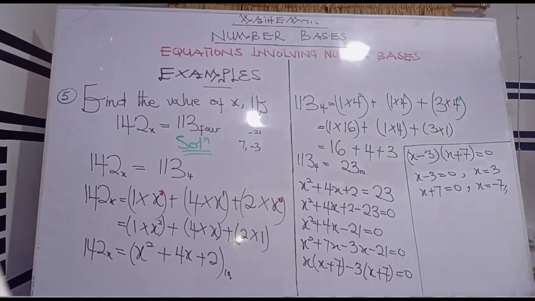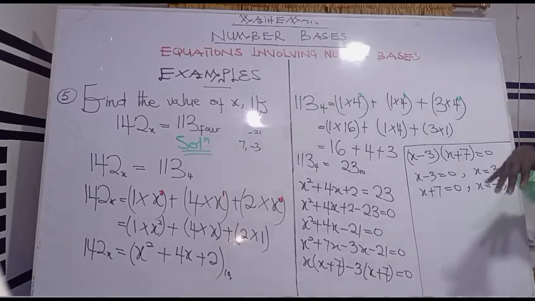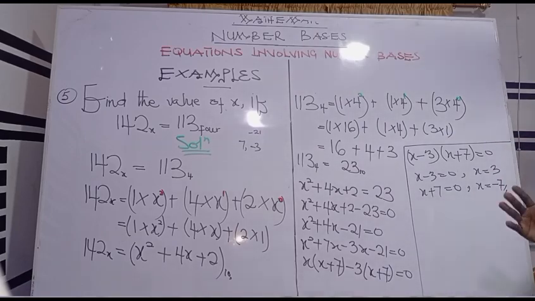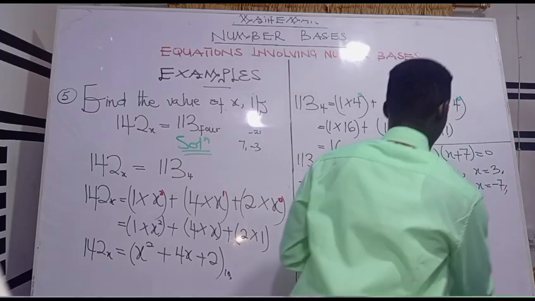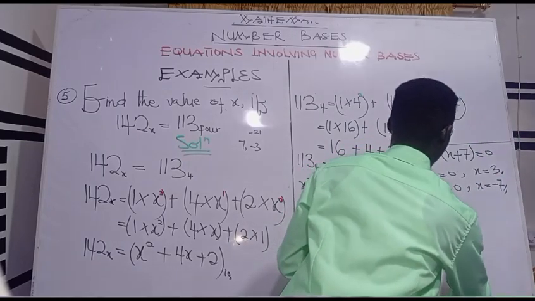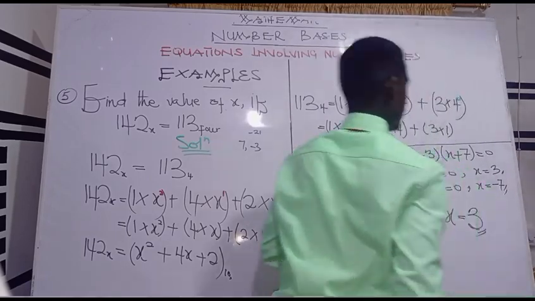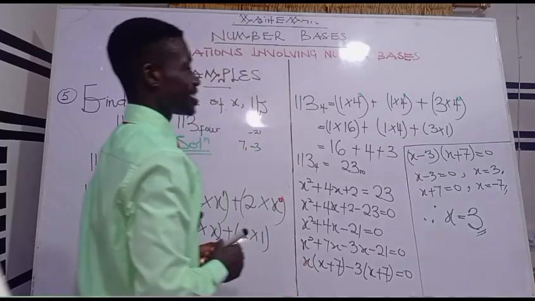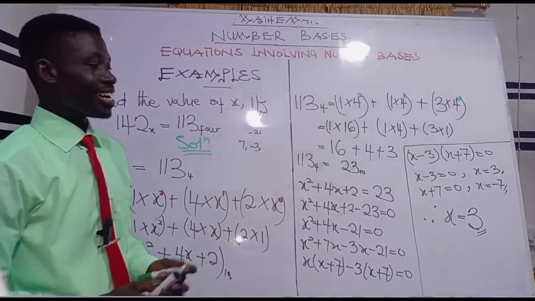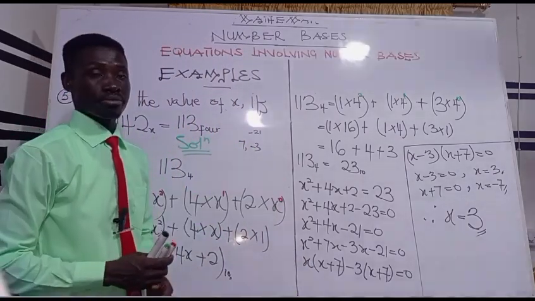Good. So we have two values, but the equation is true for only positive integers. So we are going to take our x to be 3. So therefore, our x is equal to positive 3. Very, very interesting and then easy. I guess you have got it.